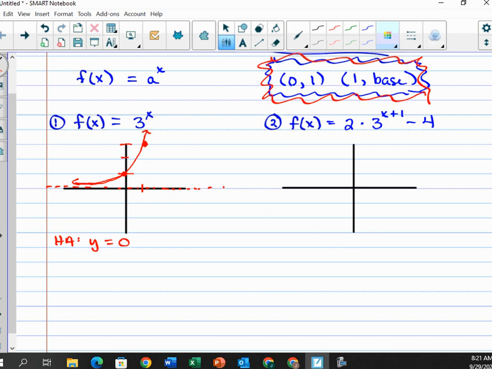So what 2 points will I start with this time? What's one of the points I'll start with for sure every single time? (0, 1). Good. And then what's the other point? (1, 3). Yes, your base is 3, so (1, 3).